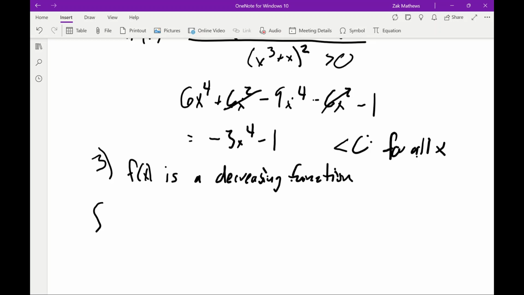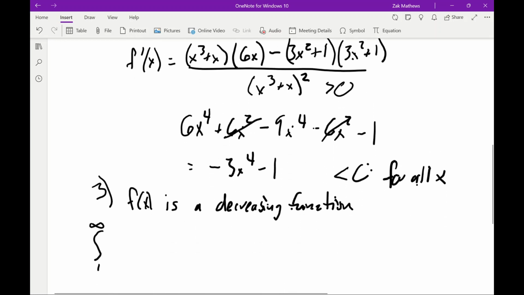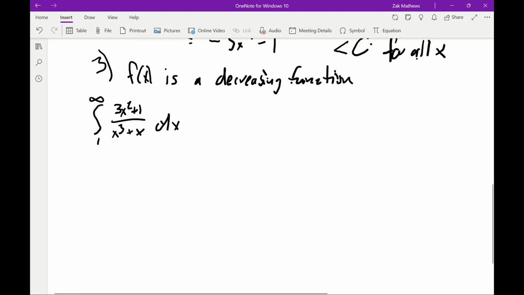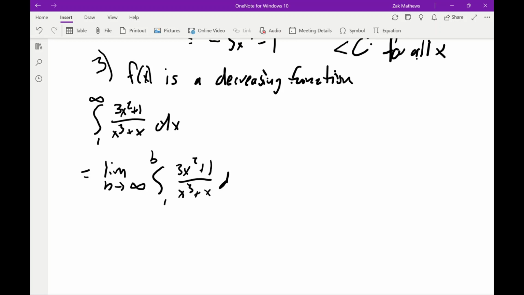So I'm going to take the integral as we go from 1 to infinity of the 3x squared plus 1 over x cubed plus x dx. And of course, we can't ever work with an integral when it's going to infinity like that, so I'm going to switch the bounds over. I'm going to call it b. We'll go from 1 to b as b goes to infinity, 3x squared plus 1 over x cubed plus x dx.